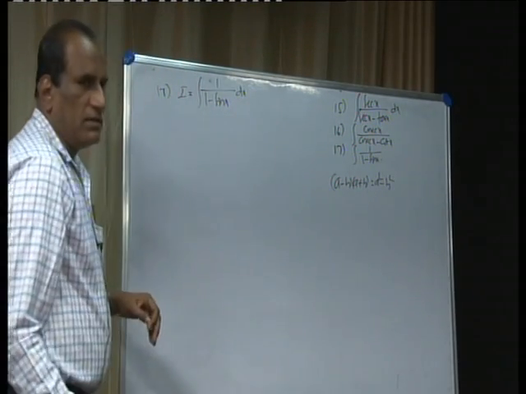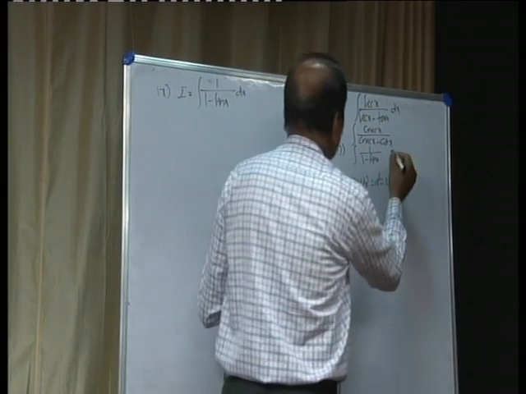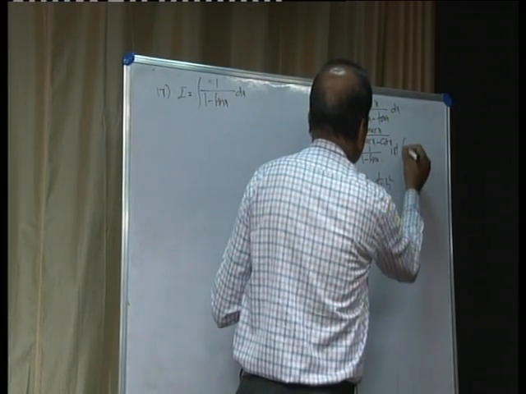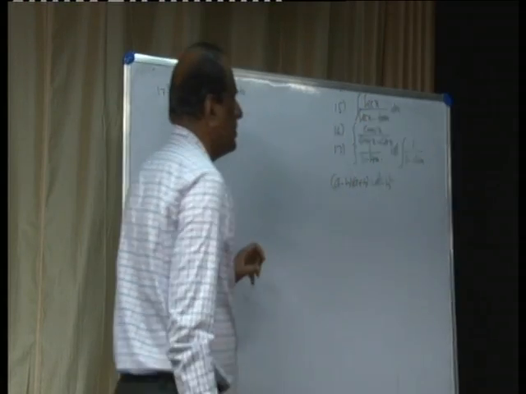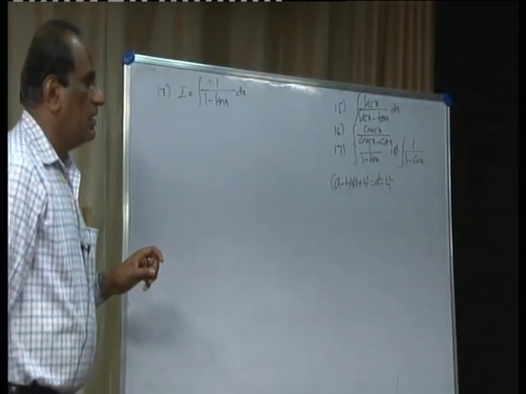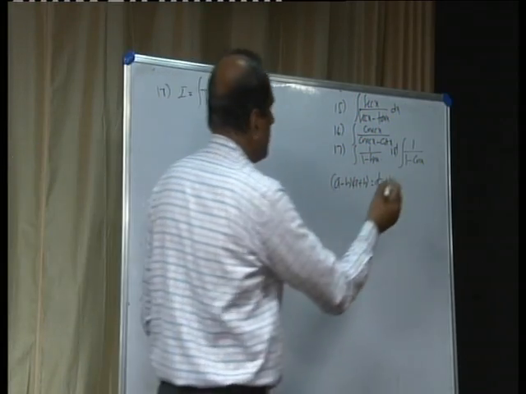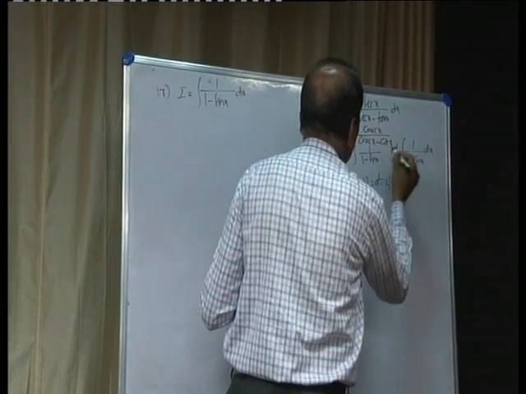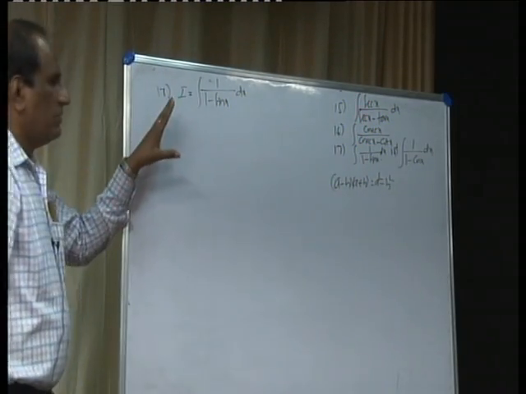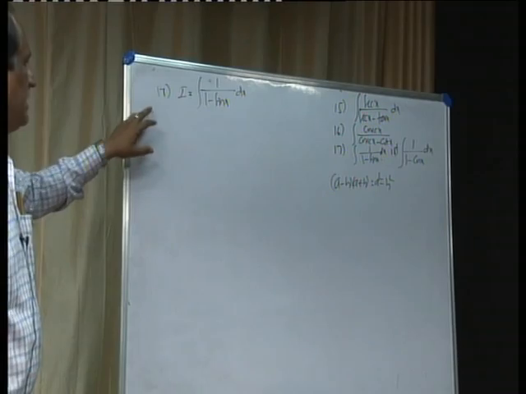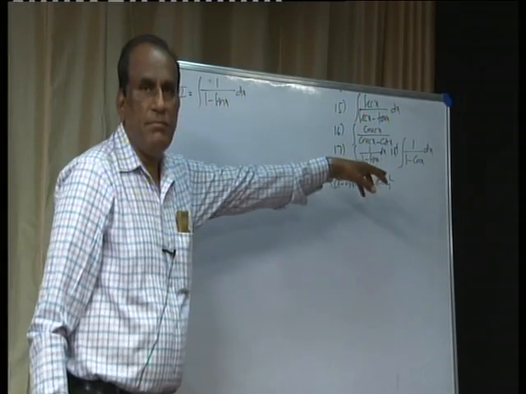If you want to work out a problem at home, the 18th problem is of the same type: 1 by 1 minus cos x. Work this out as a homework problem, 18th. I will explain the 17th problem. In a similar way, work out problem number 18.